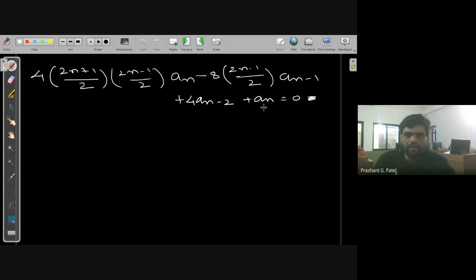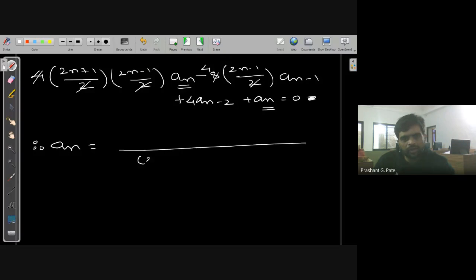So hence we can write the an terms together, combine both of these, and this 4 will get cancelled with this. You can write this an equal to, in the denominator we can observe that we have 2n plus 1, 2n minus 1 plus 1.